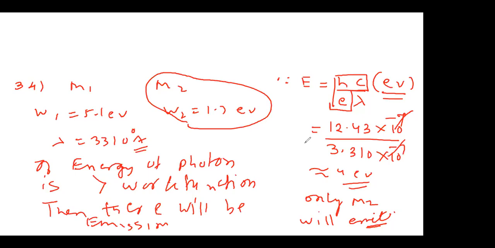Just remember hc by e is 12.43 into 10 raised to minus 7. If you are converting energy in electron volt, you have to divide by e. And hc by e is this one.